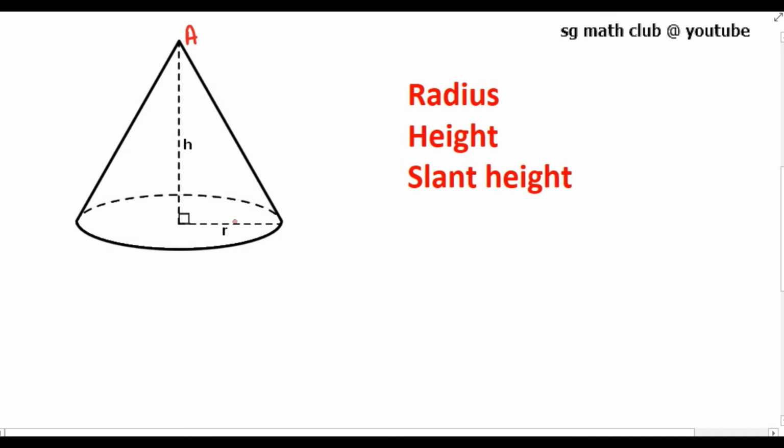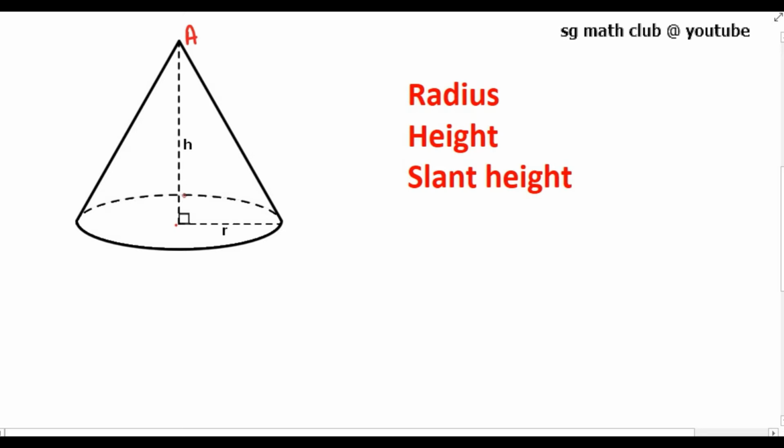Now the height of the cone is the line segment joining the vertex of the cone to the center of the circular base.